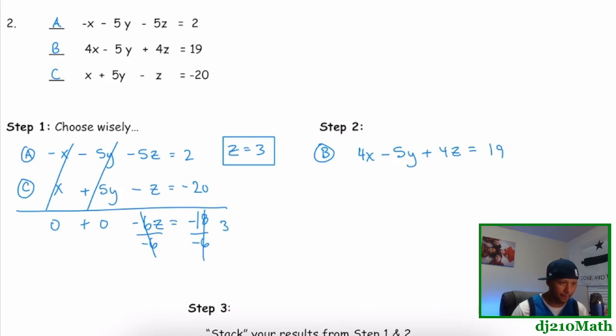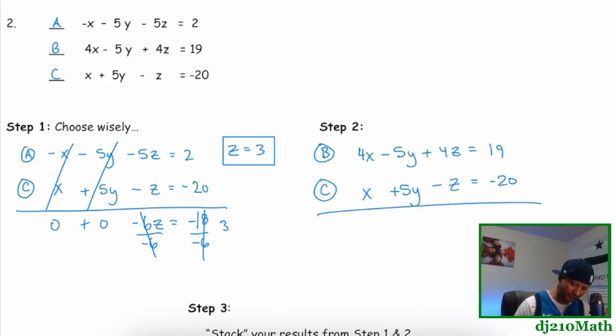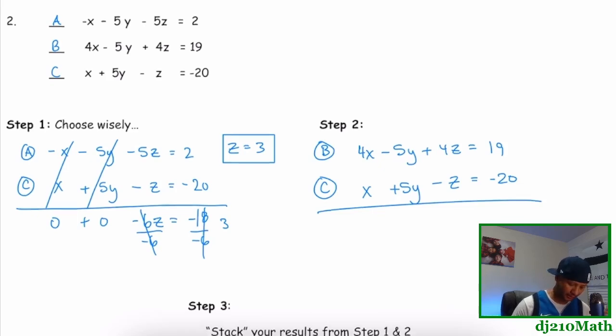Now I have to choose A or C. I think I'm going to choose C, because looking at B and C, these guys are opposite. One's negative and one's positive. So I'm going to choose C: x plus 5y minus 4z is equal to negative 20. So when we add, I don't need to multiply by anything because the coefficients on y line up.